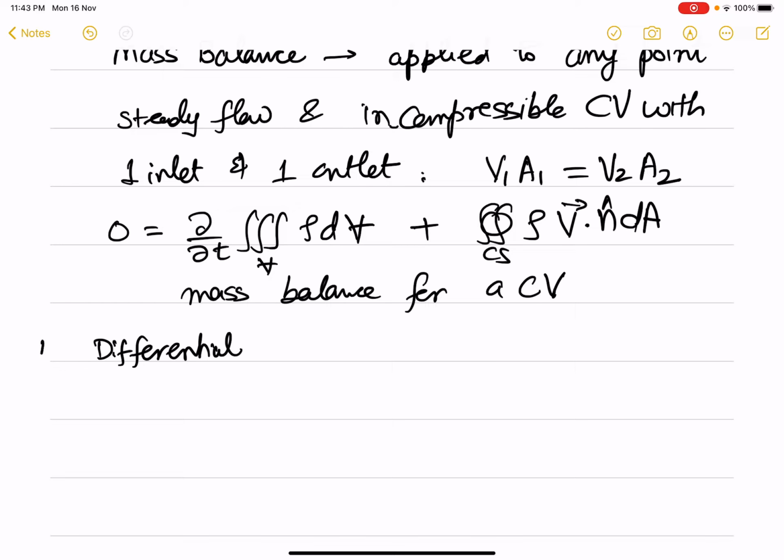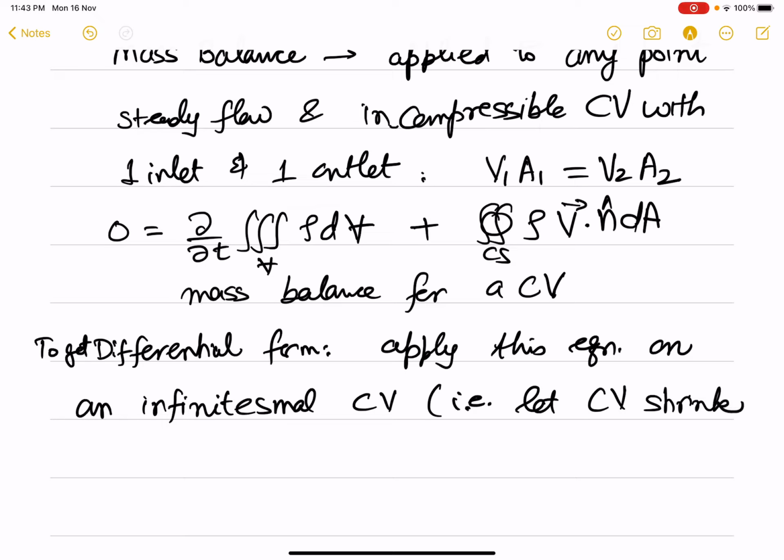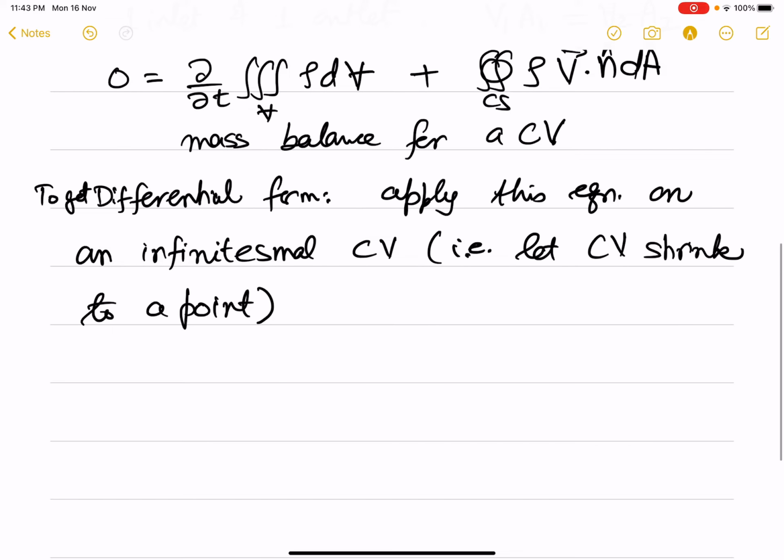So to get the differential form, we apply this equation on an infinitesimal CV, that is, let the control volume shrink to a point. We will have a look at this in a very mathematical way, but before that, let's look at a physical way of deriving this equation.